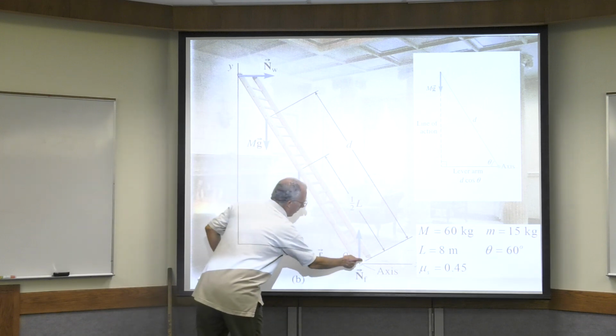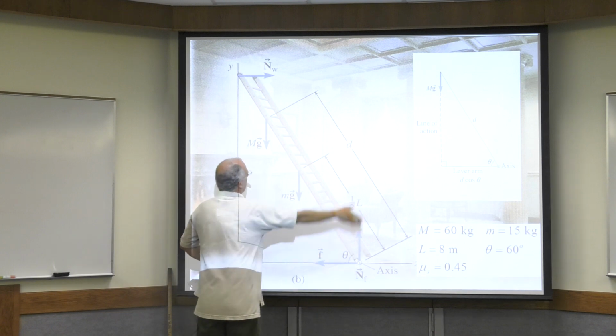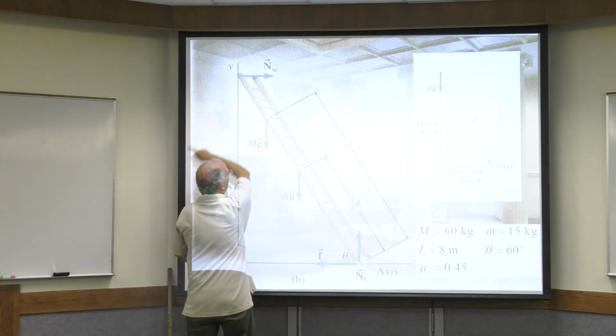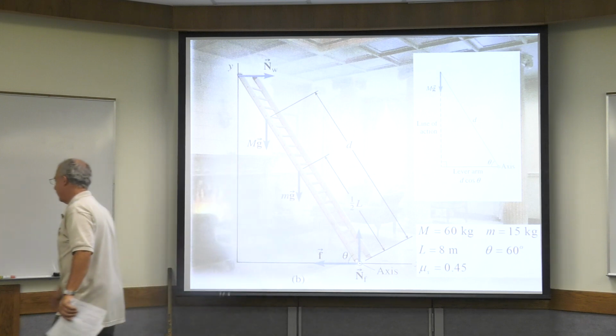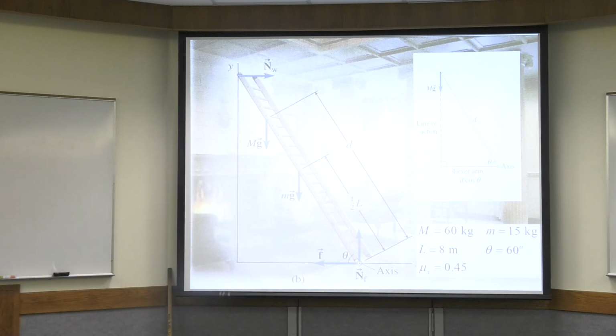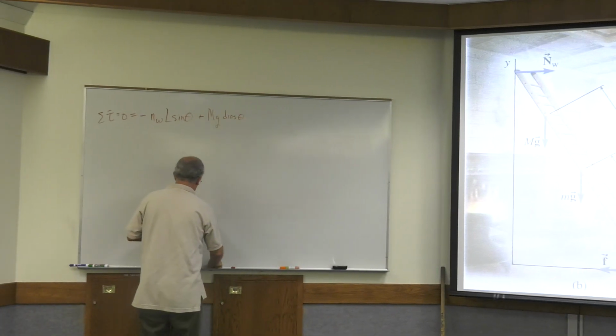Just remember that this is the axis. If this is pulling on it, is it going to rotate counterclockwise or clockwise? Counterclockwise, so it's a plus. So we get plus big M, little g, D cos theta. Awesome.